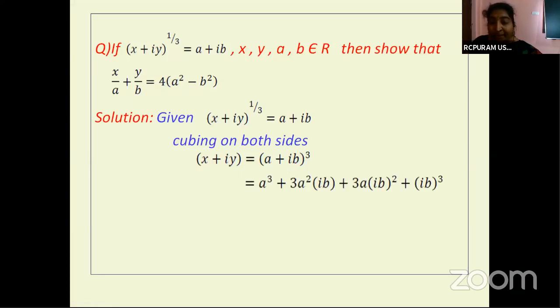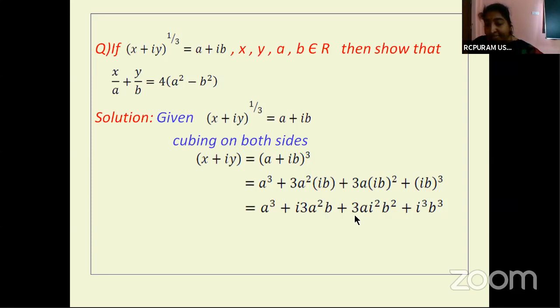Now, a plus ib whole cube can be expanded as a cube plus 3a square into ib, that is 3a square b, plus 3ab square term, isn't it? 3 a into ib whole square plus ib whole cube. We'll expand it further. A cube plus i into 3a square b. I'm just writing this i in the front, children.